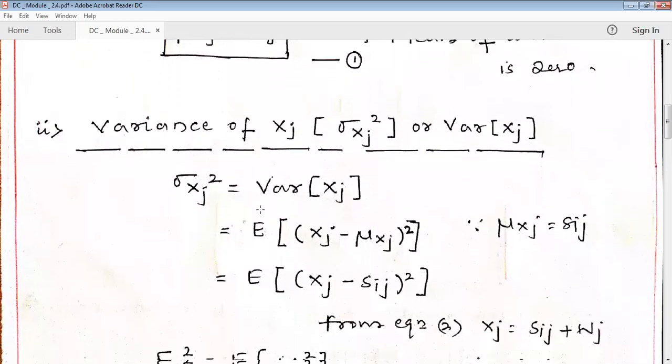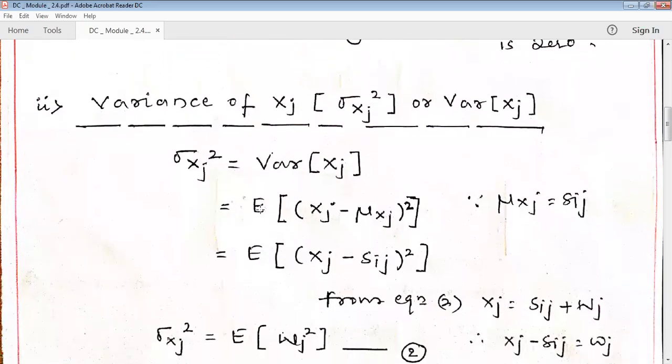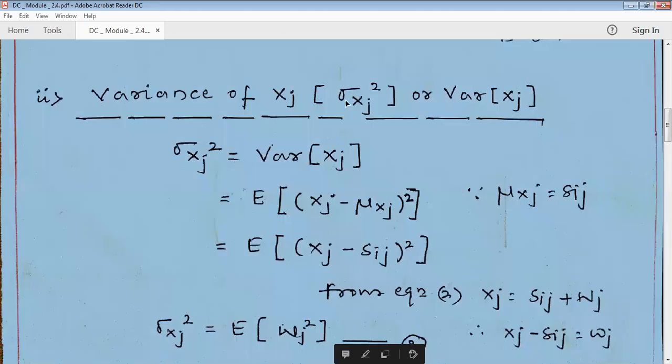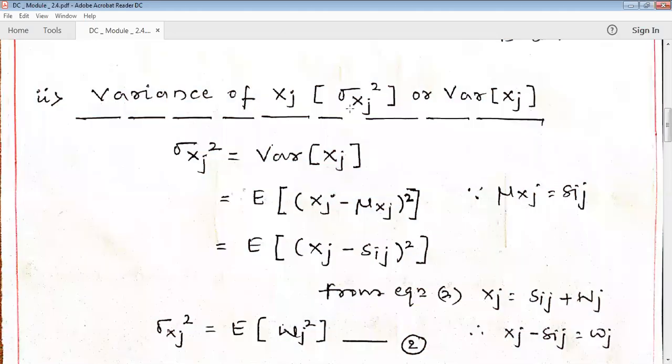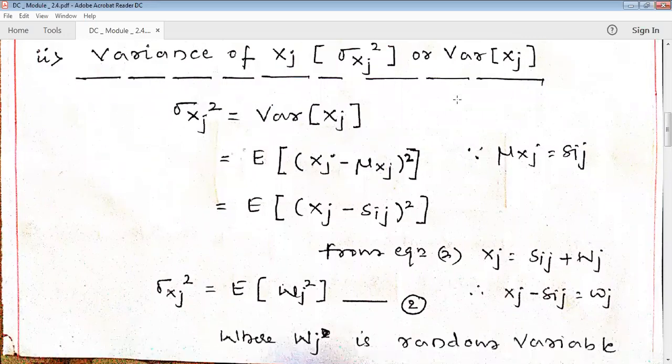And the second parameter we have is the variance of Xj, which is denoted by sigma Xj square, or simply the variance of Xj. Mathematically it is defined by the expectation of Xj minus the mean of the random variable, that is mu Xj, whole square. So the squared difference between Xj and mu Xj.